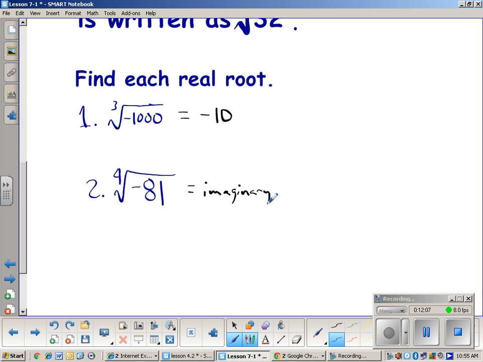Now, the fourth root of 81 is 3. And so if I wanted to, I could say that's 3i. But it's not a real root. All right. Can I move on?